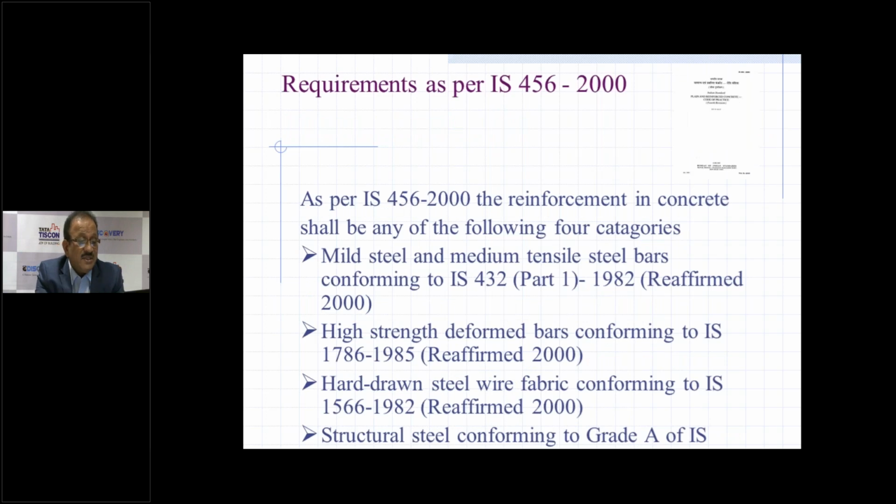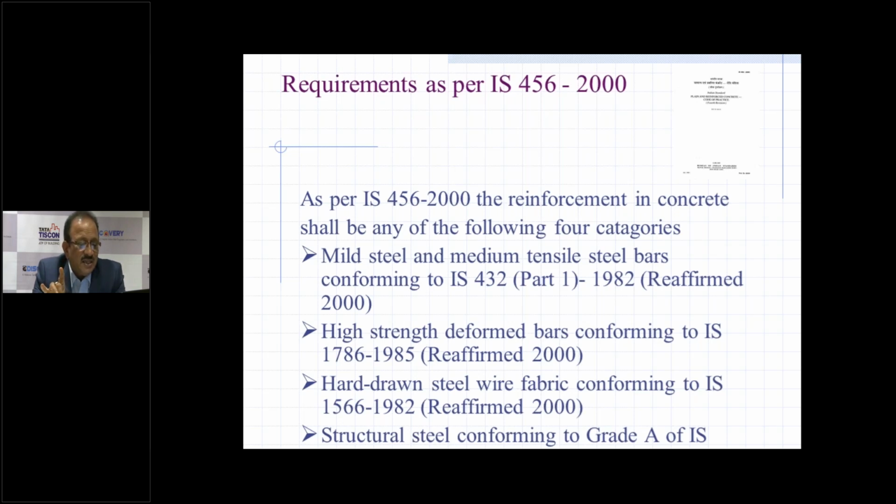What are the requirements as per IS 456-2000? As per IS 456-2000, the reinforcement in concrete shall be any of the following four categories. So BIS recommends that there are four categories and any one of the four could be used in the construction.